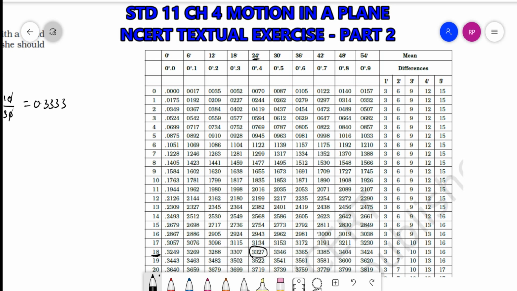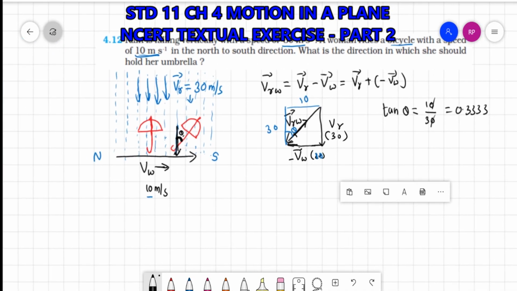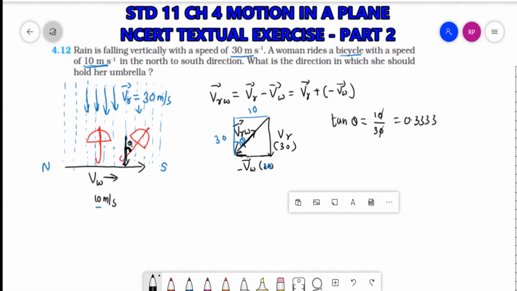If I want closer to 0.3333, I want plus 6, so the mean difference is 6. So 0.3327 plus 0.0006 will be equal to 0.3333. So 24 minute plus 2 minute, 26 minute, and 18 degree. So our answer is theta is equal to 18 degree 26 minute.